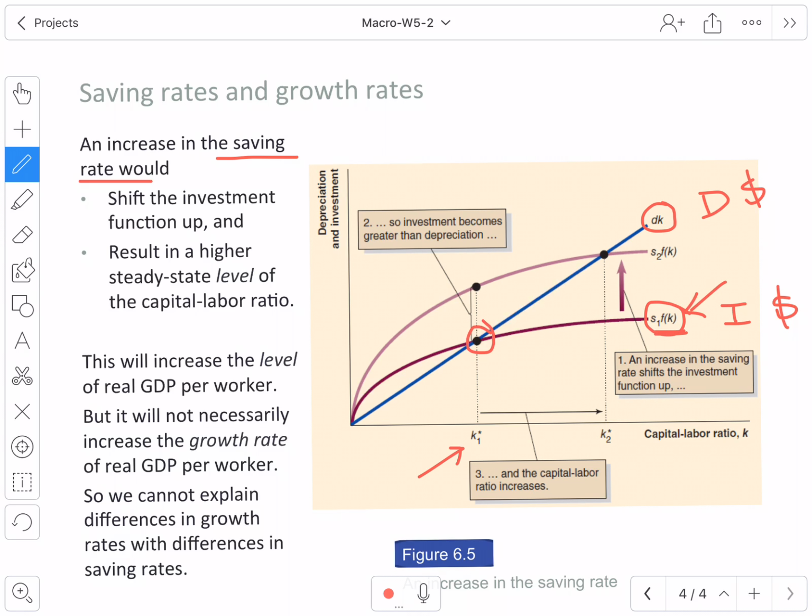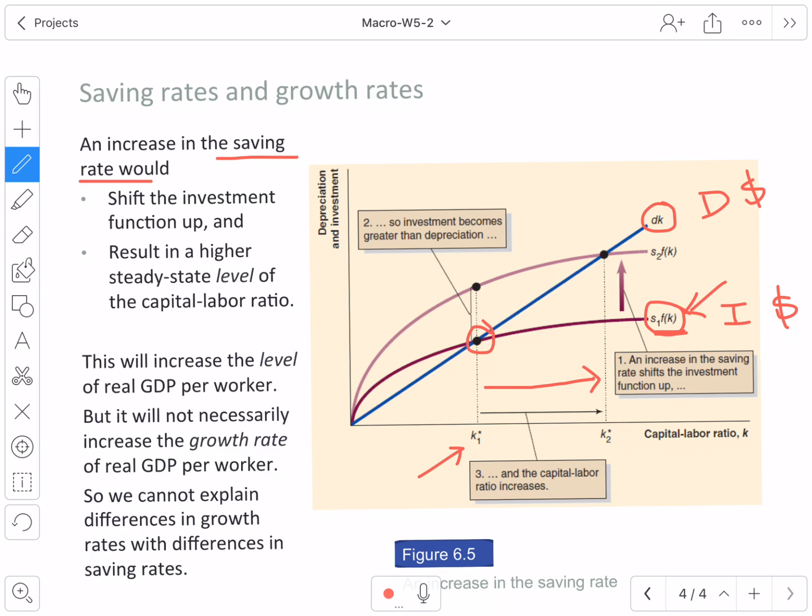An increase in savings means an increase in investment, and it is simply going to shift my investment function upwards. And it makes sense that if people save more and other people are using these savings by investing them into different investment projects, this would lead to an increase in the capital labor ratio.